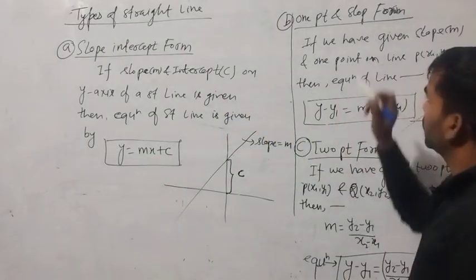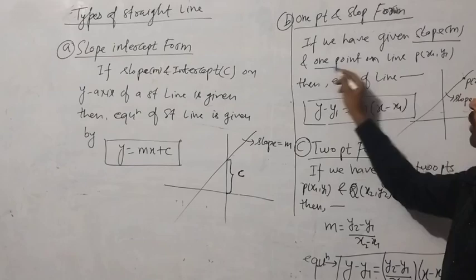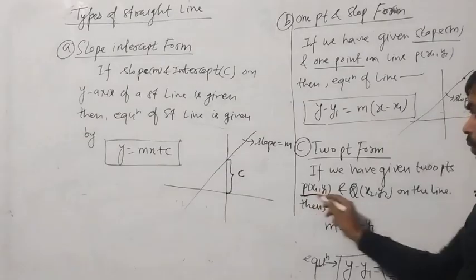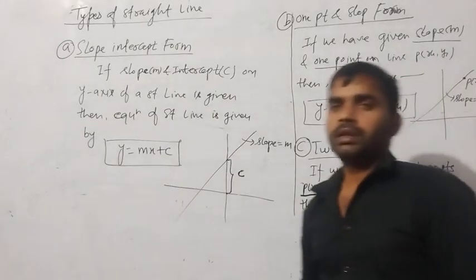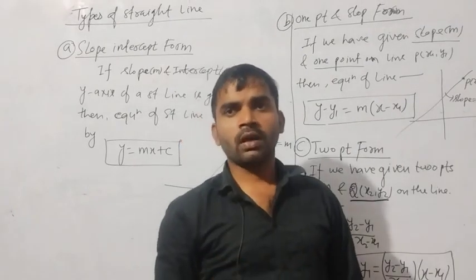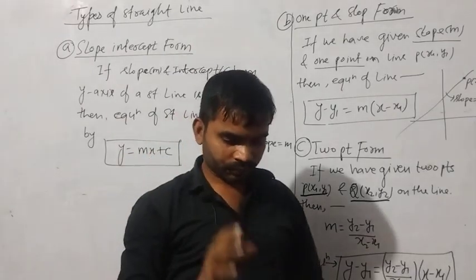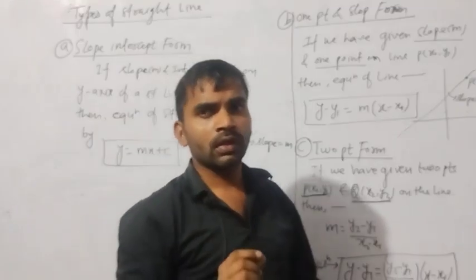And in the second form you are given 1 slope and 1 point. And in the third form you can see 2 points. So always remember, if we want to write the equation of a straight line, then we must have at least 2 pieces of information about the straight line.